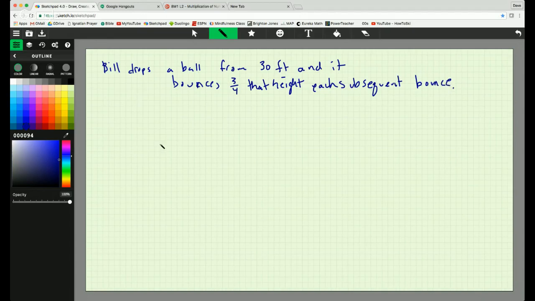So it goes 30 feet. So the first time we drop it, it's going to drop. And we're going to call this 30 feet. And then it's going to bounce, and it's going to bounce 3/4 that high.